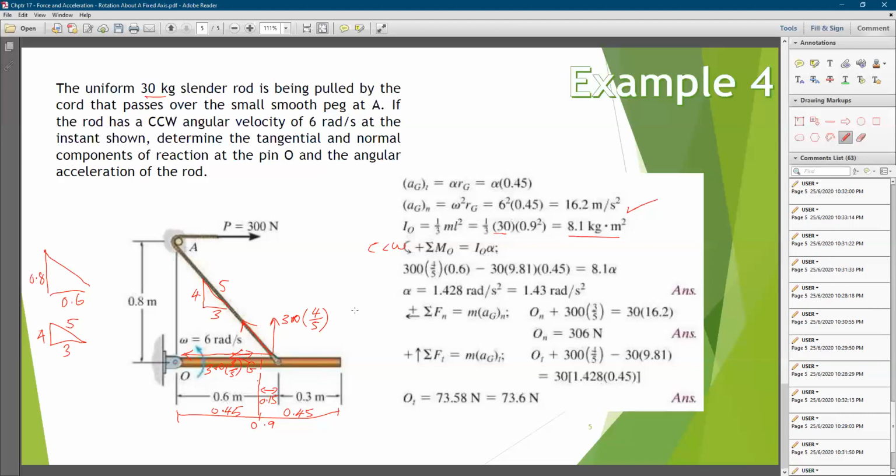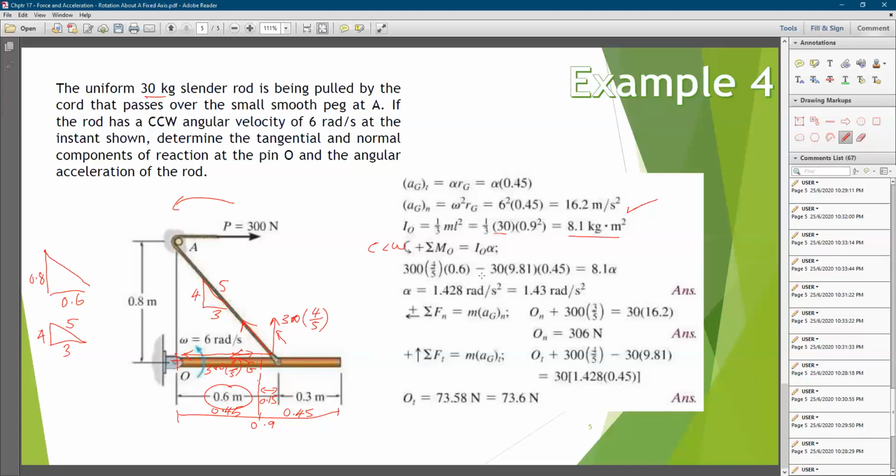For this force, it is going up. So if this is our center of rotation, then it will create a motion like that. So it is a positive direction. Okay, positive. And then the perpendicular distance from here to this point O is given 0.6.